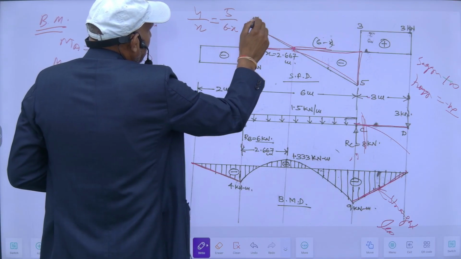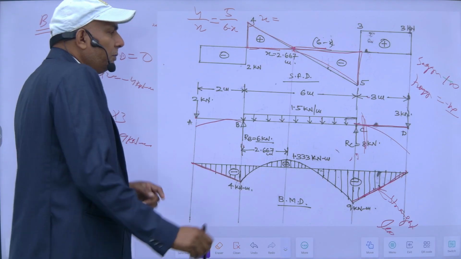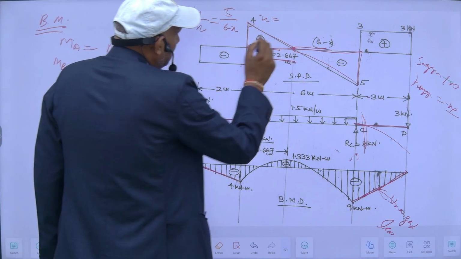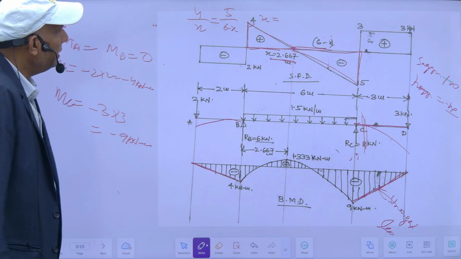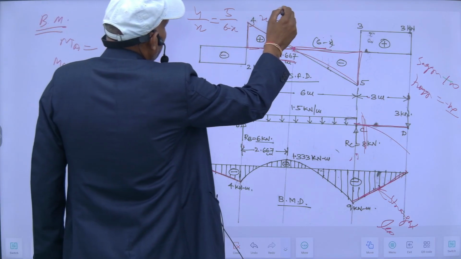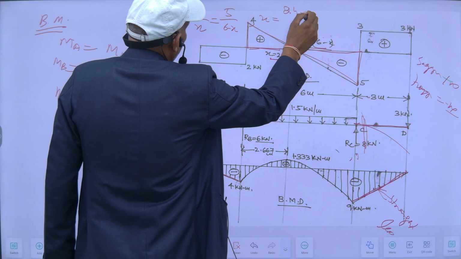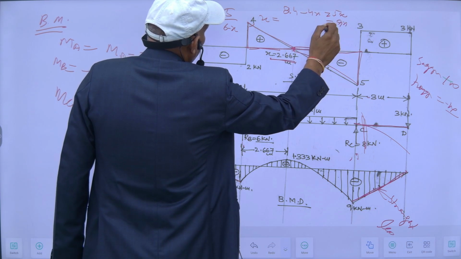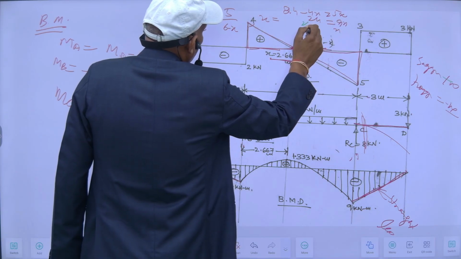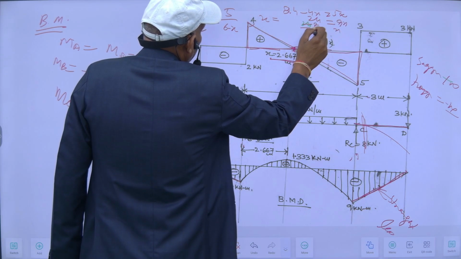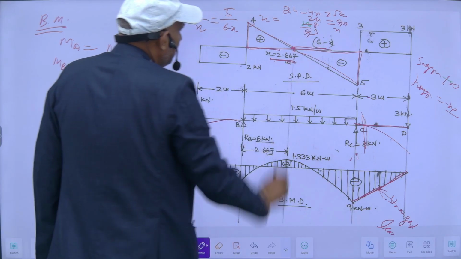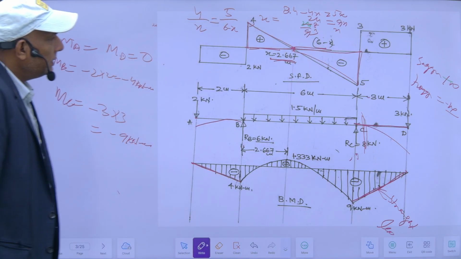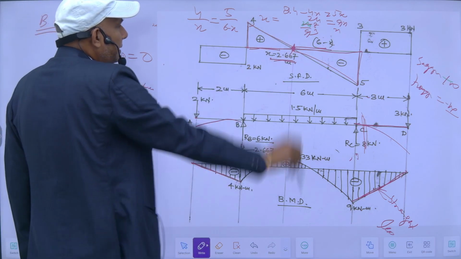With this I can get the value of x, and that will be equal to 2.66 meter. As I solve this, it will be 24 minus 4x is equal to 5x. It will be 9x is equal to 24. So x will be 24 upon 9, means 8 by 3. So it will be 2.66 meter. So this is the location where my bending moment will be maximum.